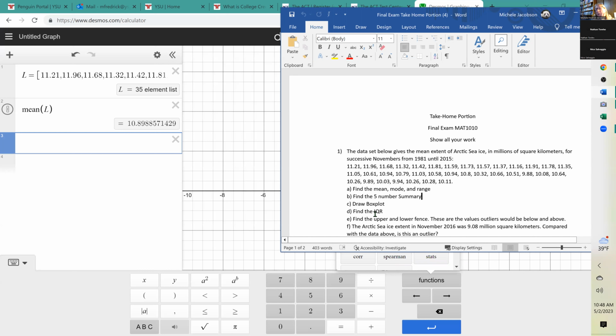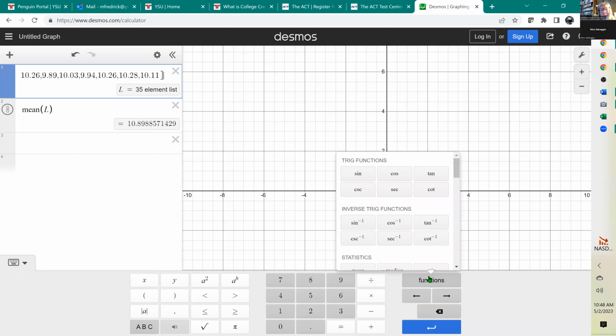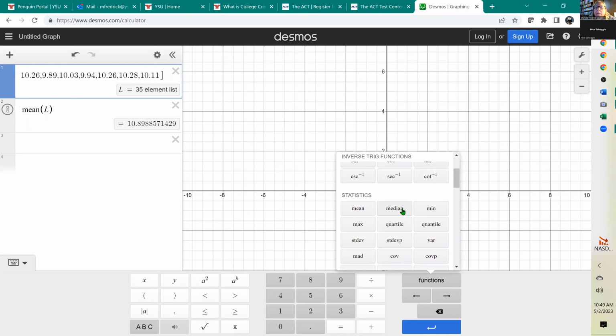You draw a box plot by drawing those 5. If we go back over here, well, smallest and largest, you will find here. You'll just put them there. Median's right here.